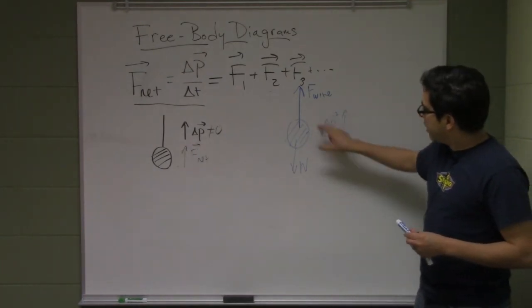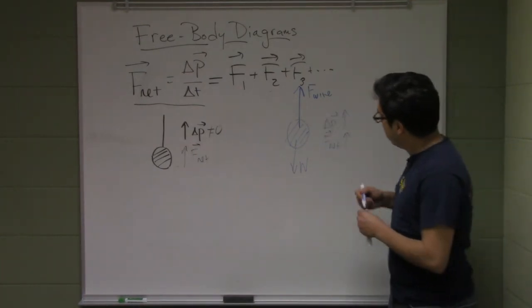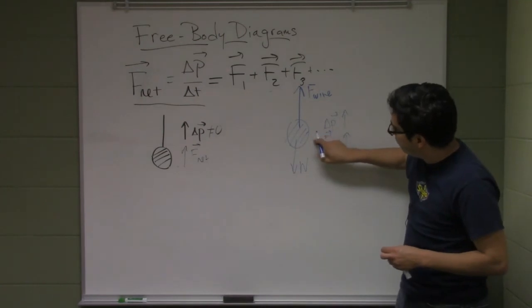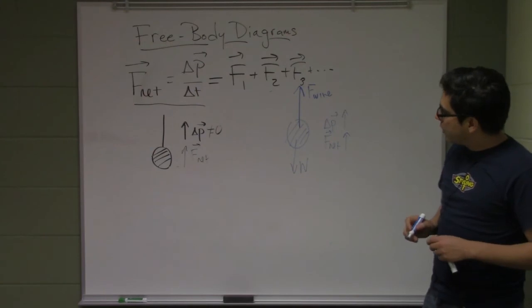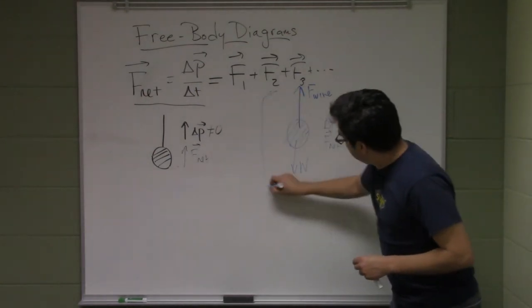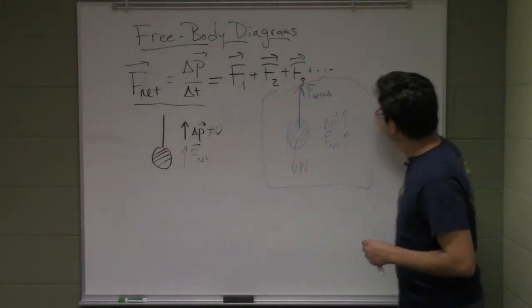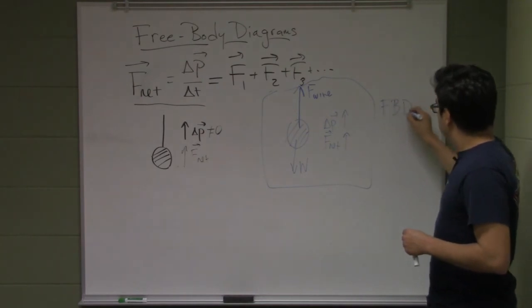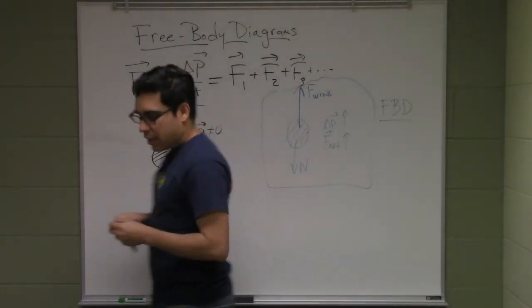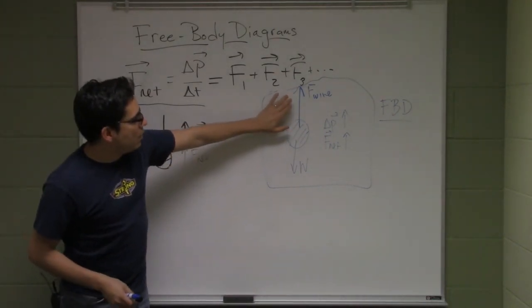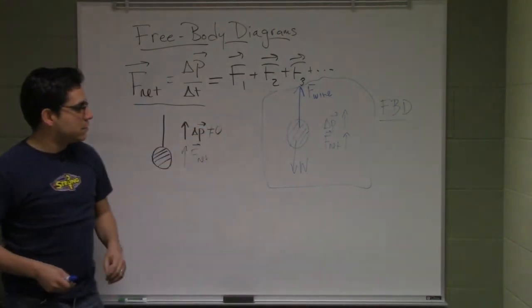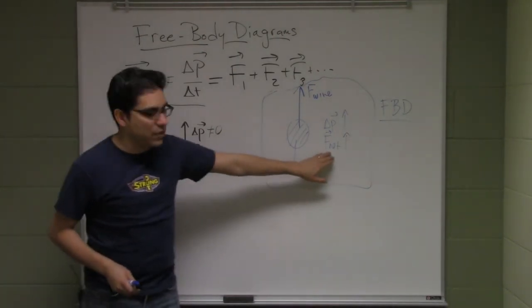They point in opposite directions, but the resulting net force points upward to indicate that the momentum, or the velocity, is increasing in the upward direction. So again, here's another free body diagram, which we'll often abbreviate as FBD, and it helps us to reason about how the two forces, the two interactions on the ball, give rise to the net force.